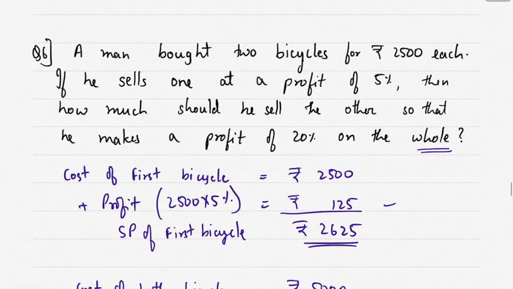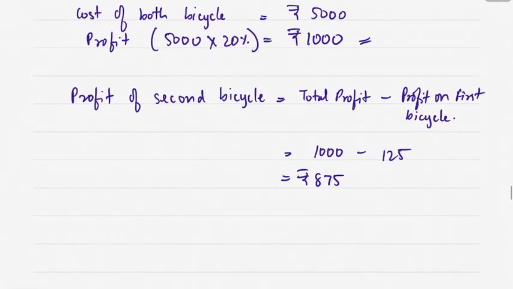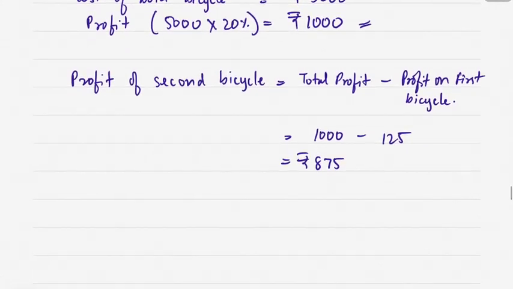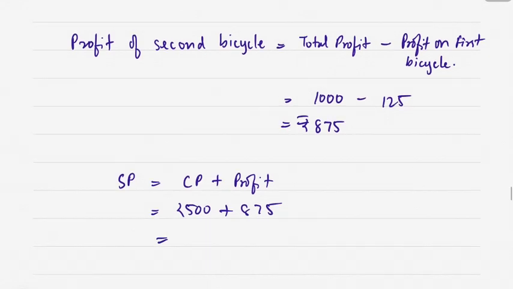But that they have not asked. They have asked how much should he sell the other so that he makes a profit of 20% on the whole? So that means his selling price should be cost price plus profit, and cost price is 2500, profit should be 875, so selling price should be 2500 plus 875.